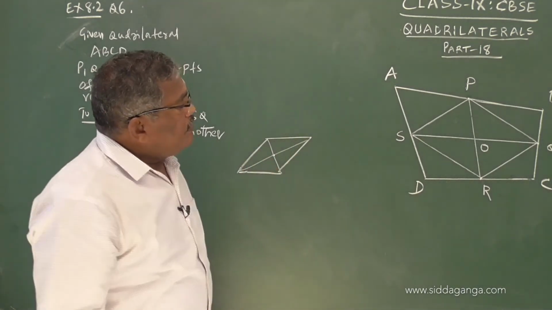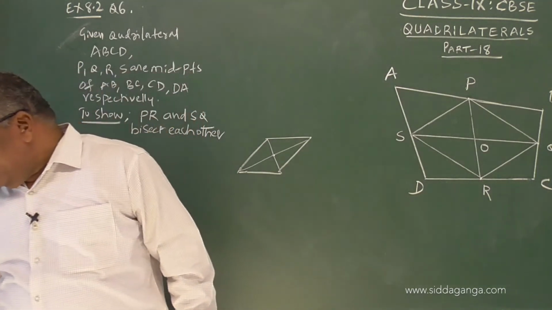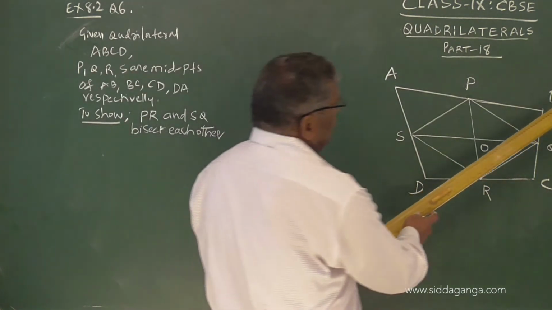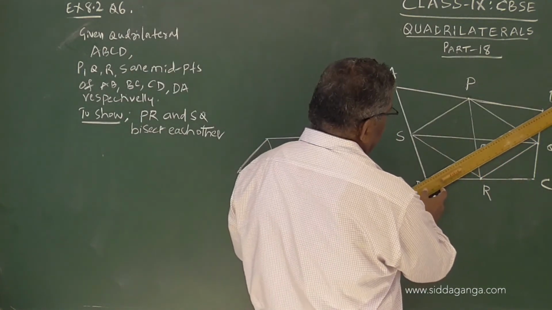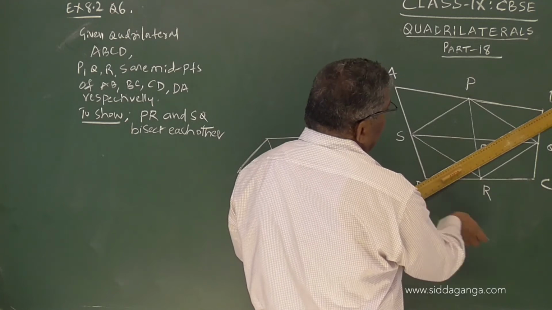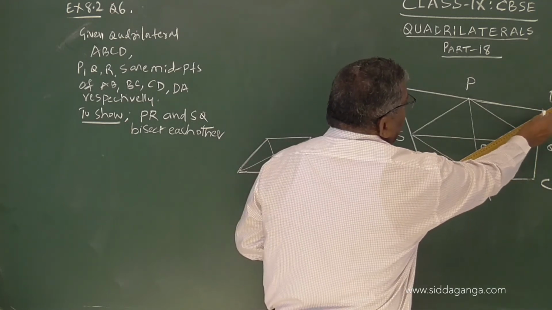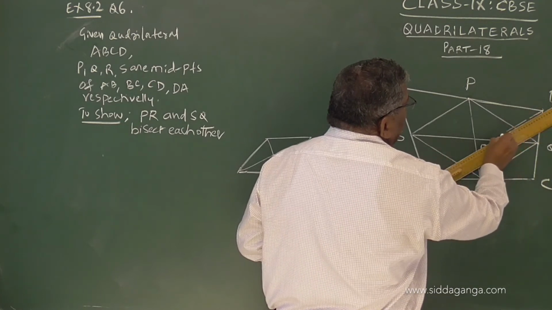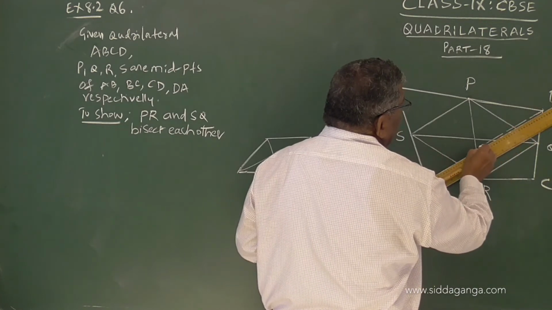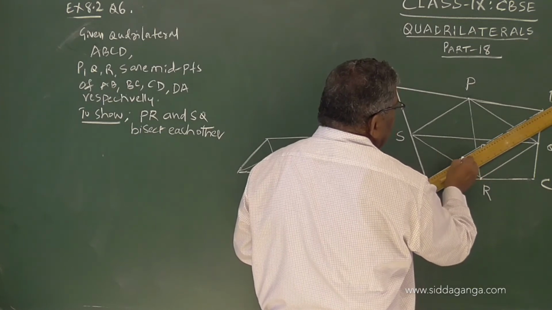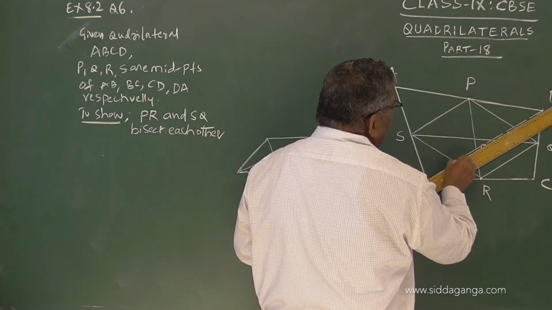So now join the diagonals of the quadrilateral, DC and AC, as a part of construction. So I will draw it with a dotted line. It is only for construction purpose. Remember, it need not pass through the center, it may not also.